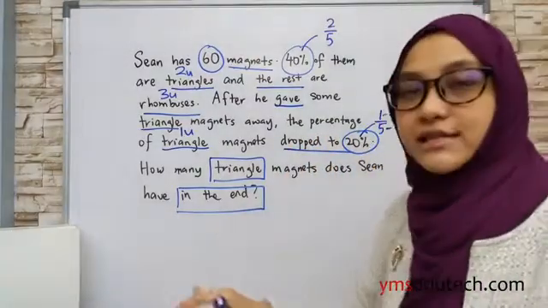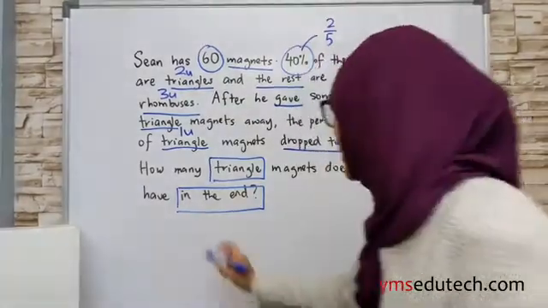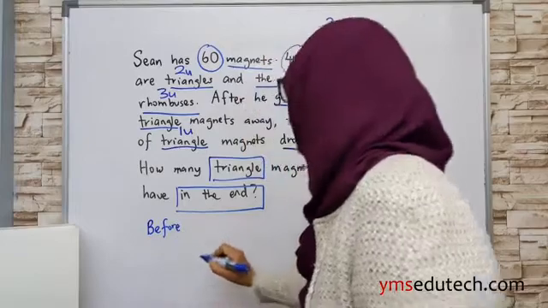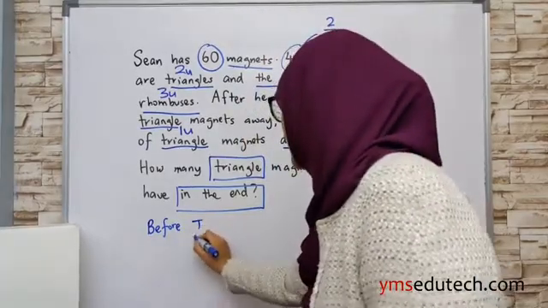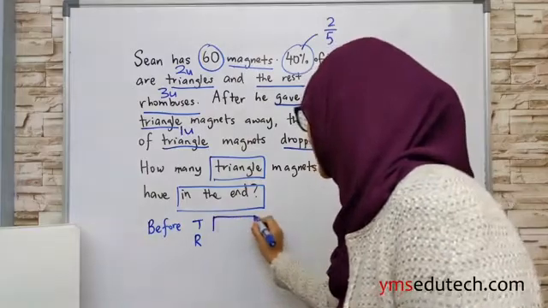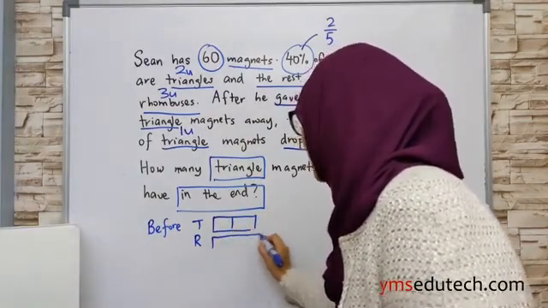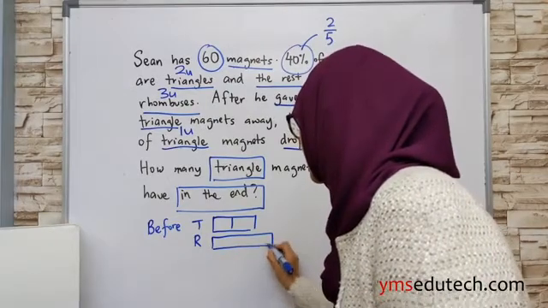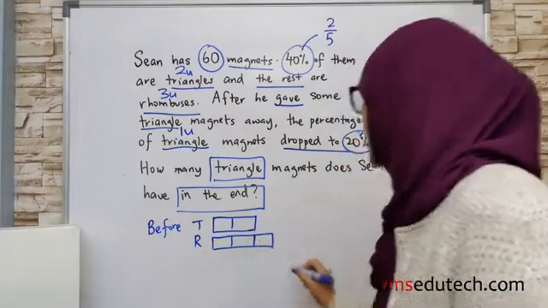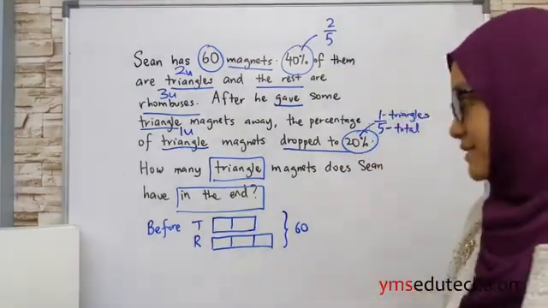Now let's solve by model drawing. Before, we have triangles and rhombuses. At first there were 2 units of triangles and 3 units of rhombuses, and there were a total of 60 magnets.